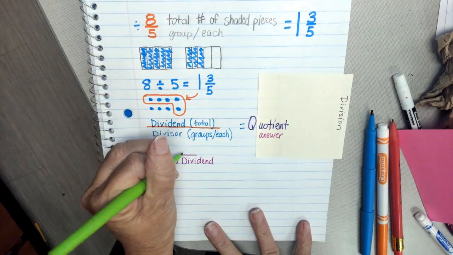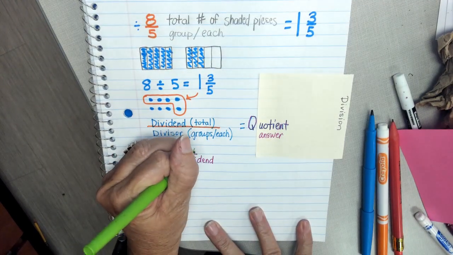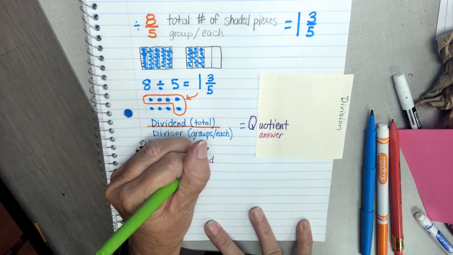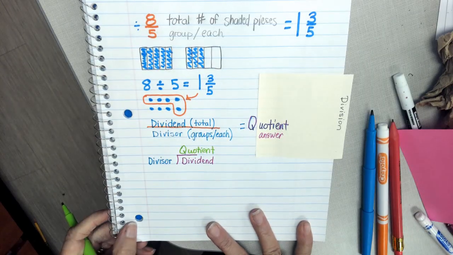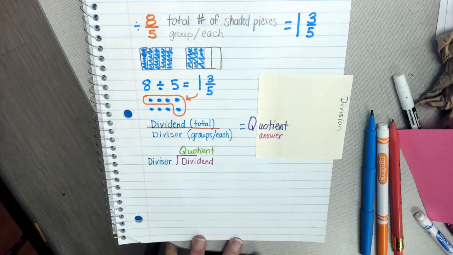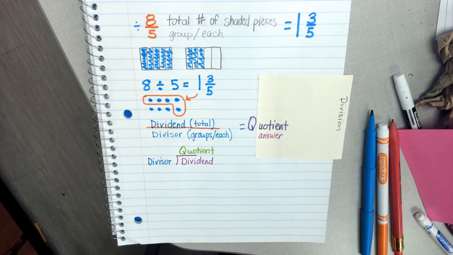And the answer that you get is called your quotient. So we've got lots of vocabulary we're throwing around here.